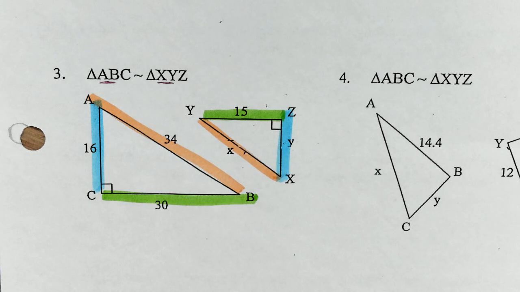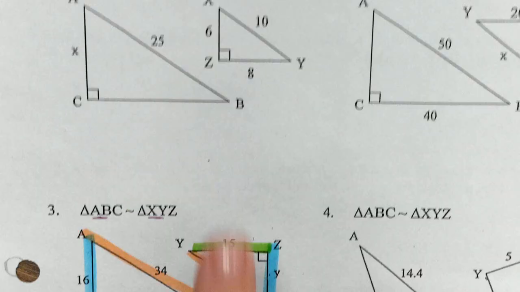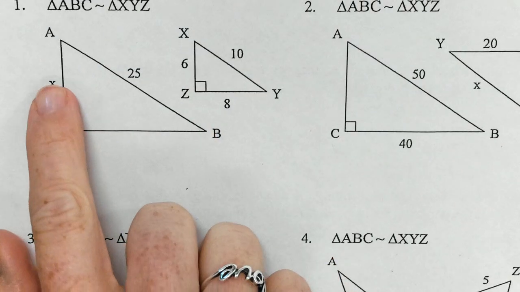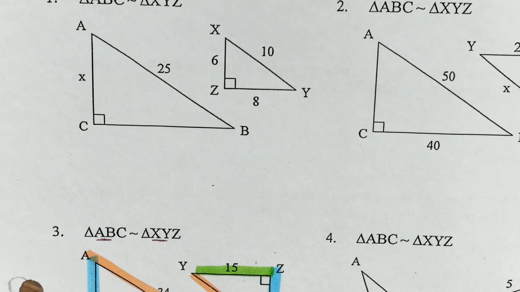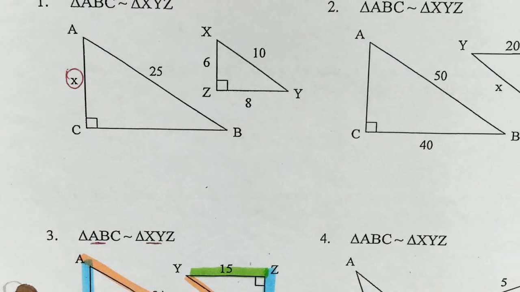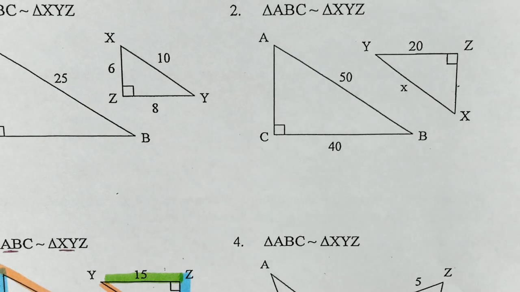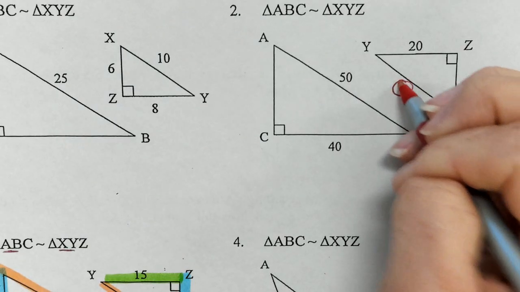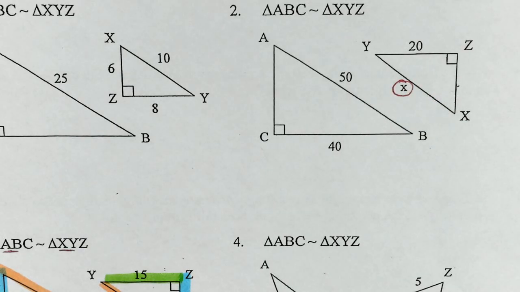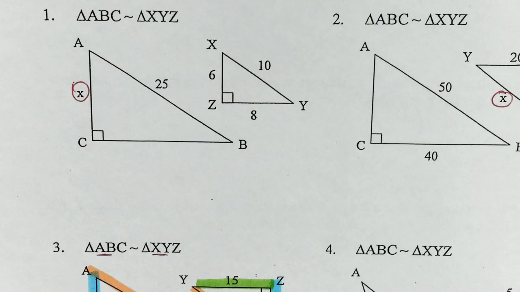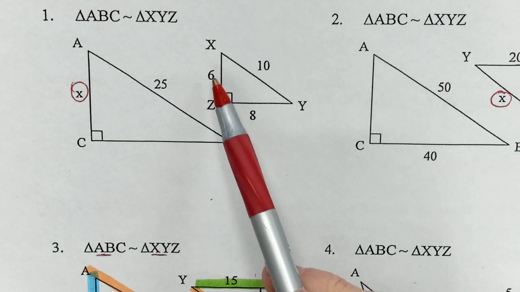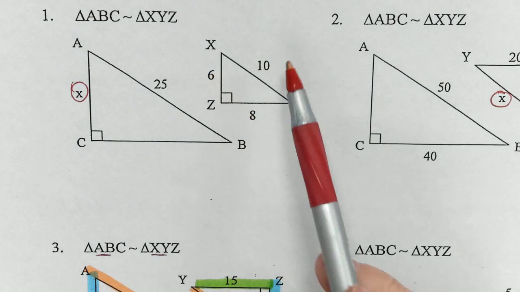Now, on number 1 and 2, you are solving for what? X. So if y'all look, you're solving for X on number 1. On number 2, you're also solving for X. That means on number 1, how many numbers did they give you on this smaller triangle?